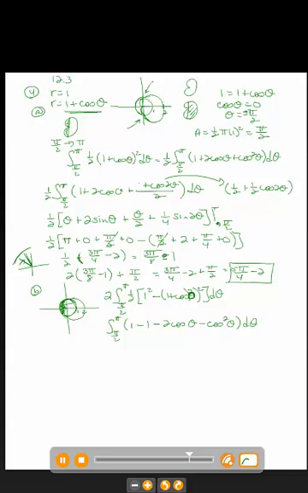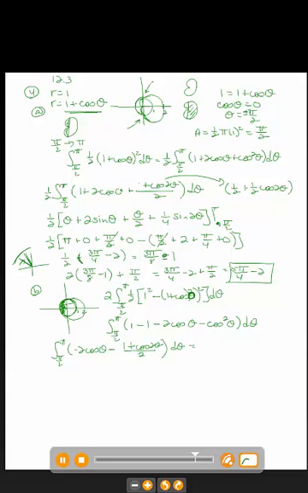The 1's cancel. And so I have a negative 2 cosine theta and, oh, see, the book just went to the answer. Shame on them. This next piece is going to be minus 1 plus cosine 2 theta over 2 d theta.